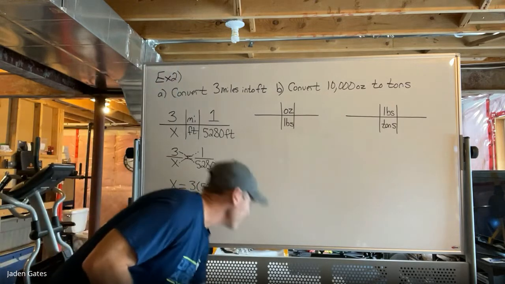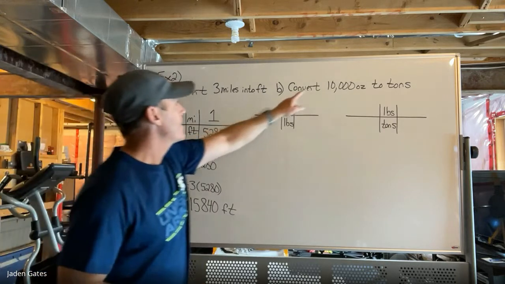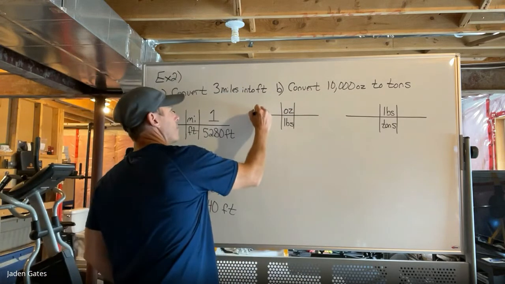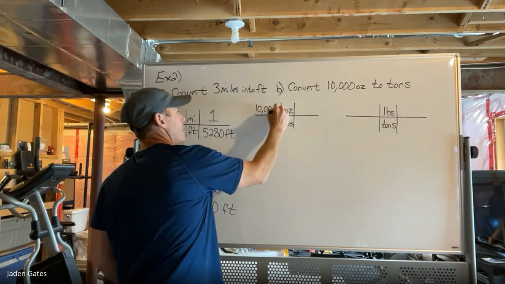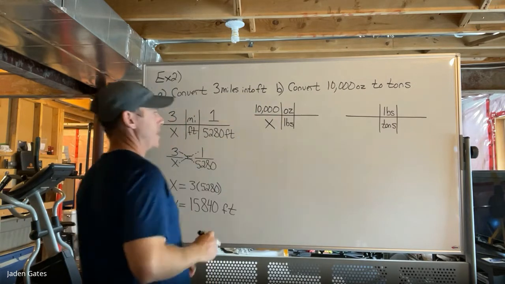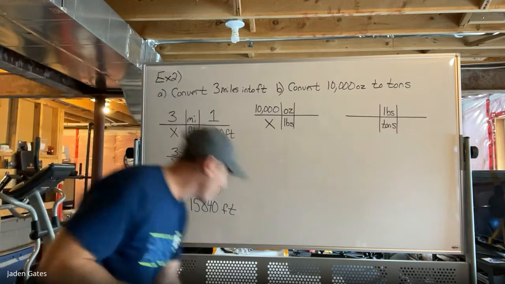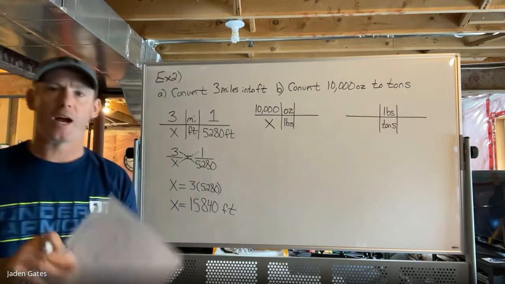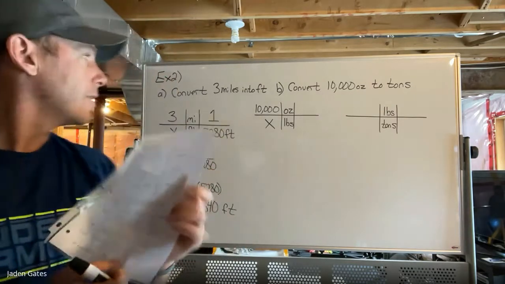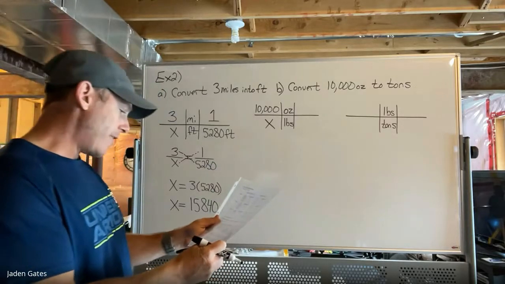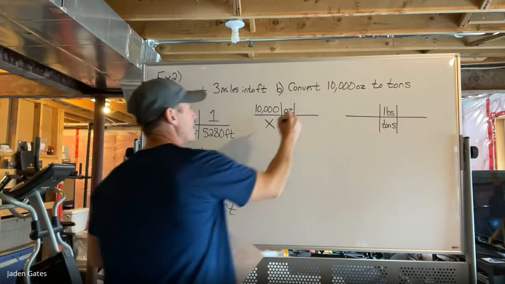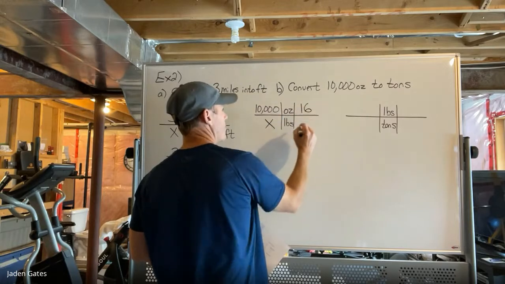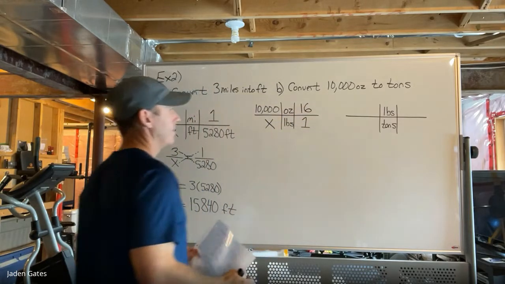So we have 10,000 ounces. I don't know how many pounds that is, but I do know a relationship between ounces and pounds. All right. It's on my sheet. And the amount of ounces that we have are 16 ounces in 1 pound.